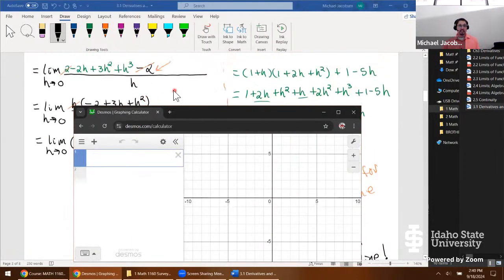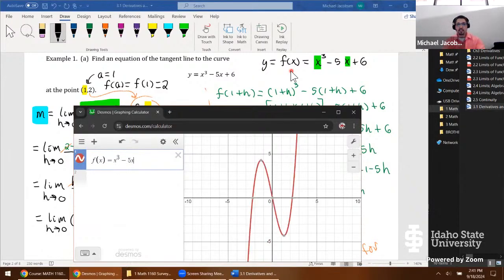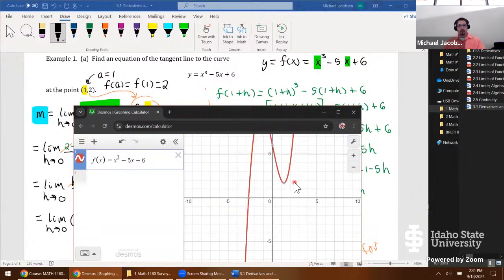First thing you want to plot is the original function. So we scroll up to here where it's given as either f of x equals or y equals, your preference. I'm a fan of function notation, so personally I'd probably go f of x equals x cubed minus 5x plus 6. Now we get a weird graph, but we have to keep in mind, we're only interested in the point when x is 1.